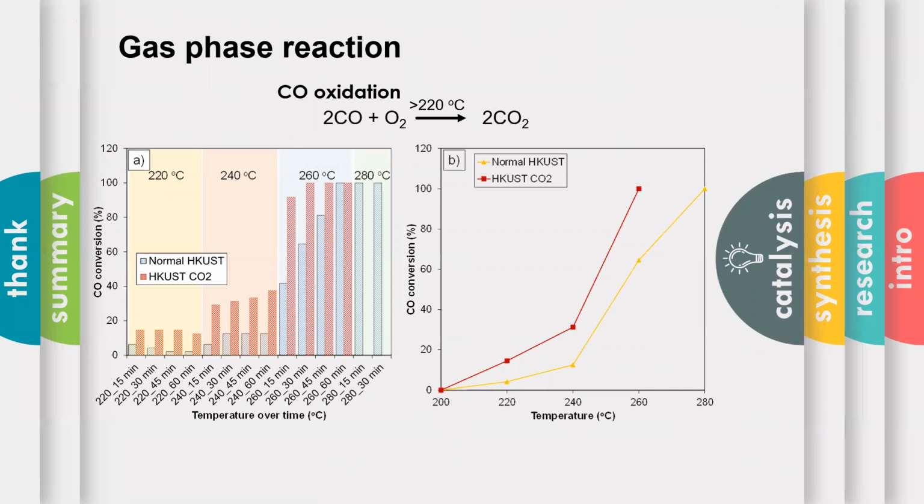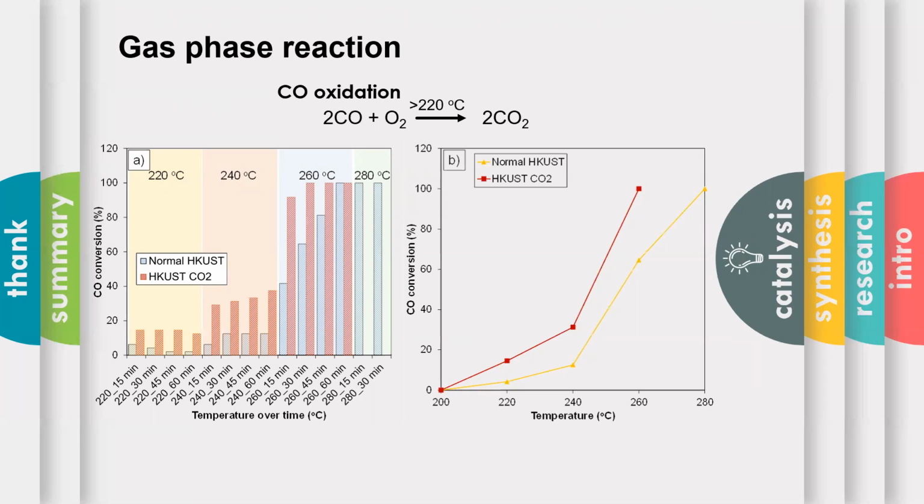To prove the benefit of introducing macropores in catalysis, we took the sample synthesized in CO2 at 75 bar and 72 hours to compare with the normal HKUST-1 with only microstructures. First, we tested the samples in a gas phase reaction, and here we use CO oxidation as an example.